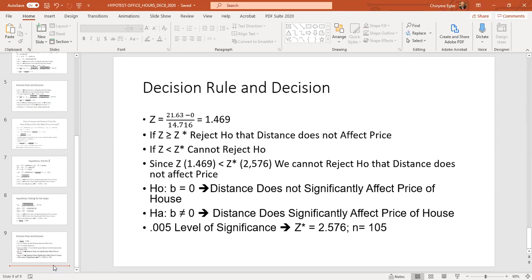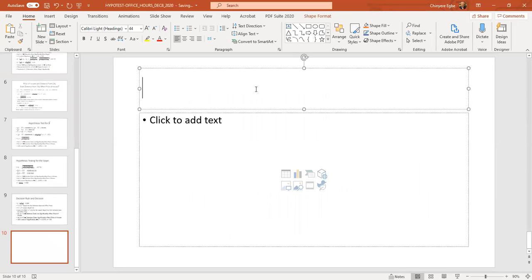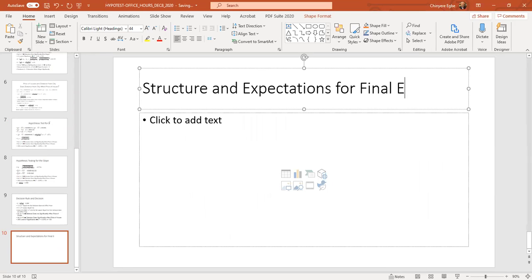And so what I'm going to do for the test for you, let me just caption this: the structure and expectations for the final exam.